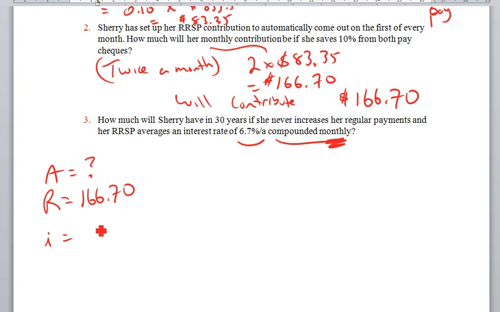Interest rate is a decimal, 0.067, divided by the number of compounding periods per year, divided by 12. So 0.067 divided by 12.